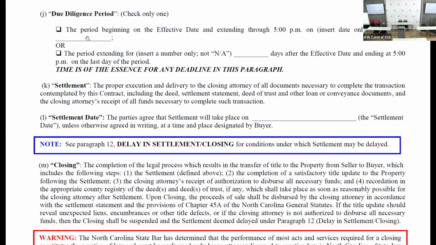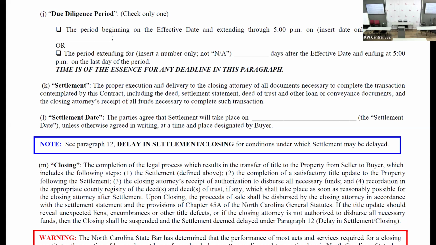If the buyer is waiving due diligence, don't put NA. You would put today's date. So at 5 p.m., they're done. The due diligence is over. Or you can do a number of days. It's one or the other, not both: specific date or number of days.